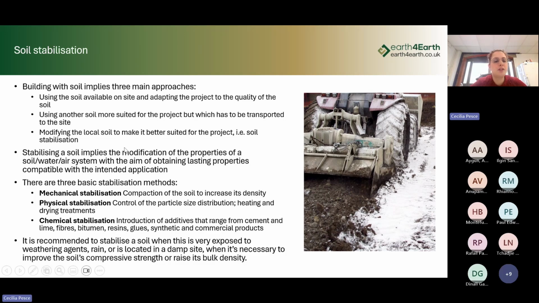We can modify the properties of a soil with mainly three methods: by mechanical stabilization, so we can compact the soil, or physical stabilization, for example by modifying the particle size distribution of a soil, or by chemical stabilization, so basically introducing an additive, which can be cement or lime, but also fibers, bitumen, resins, glues, or commercial products.